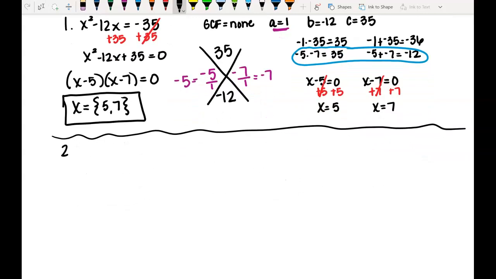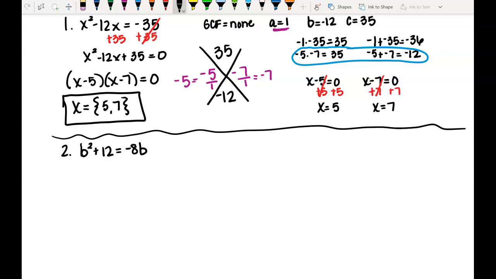Problem number 2, b squared plus 12 equals negative 8b. Now again, before I can do anything, I have to have the left side in standard form, the right side equal to 0.